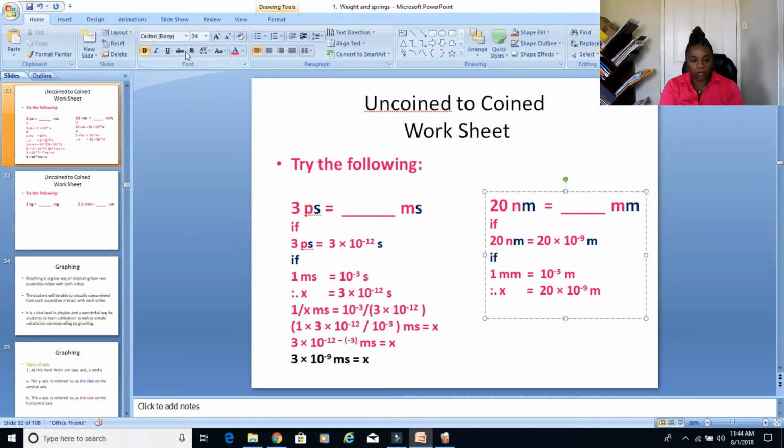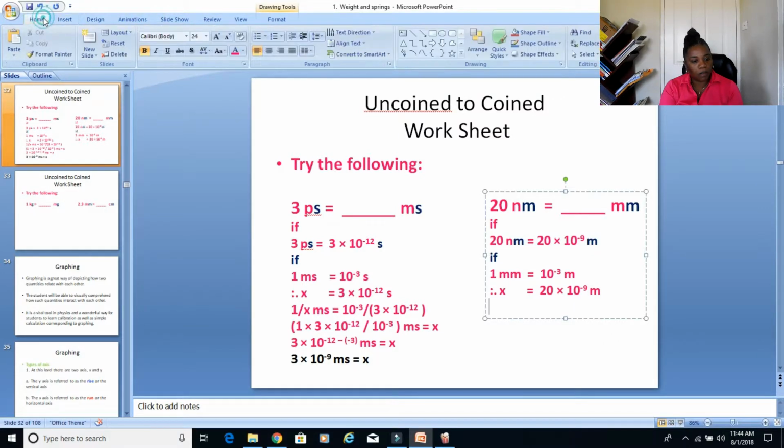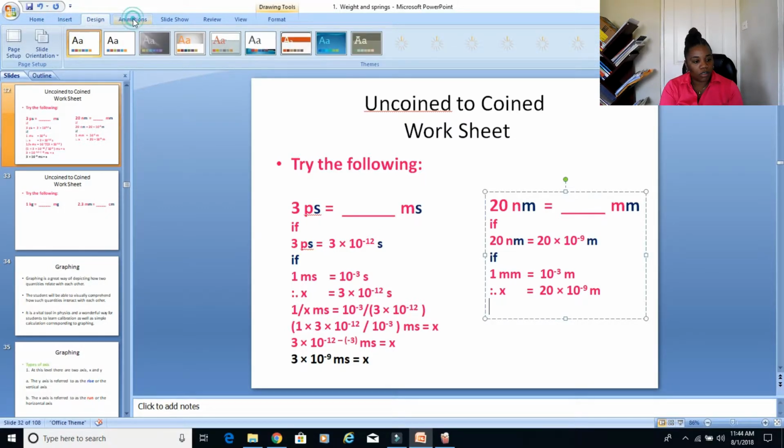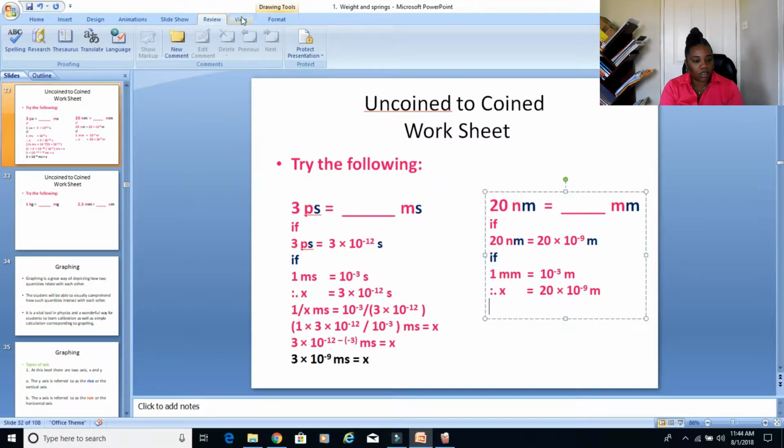Maybe let me insert the equation so it looks... I don't see the equation. Insert. I thought there was an equation button. This is the old Excel.